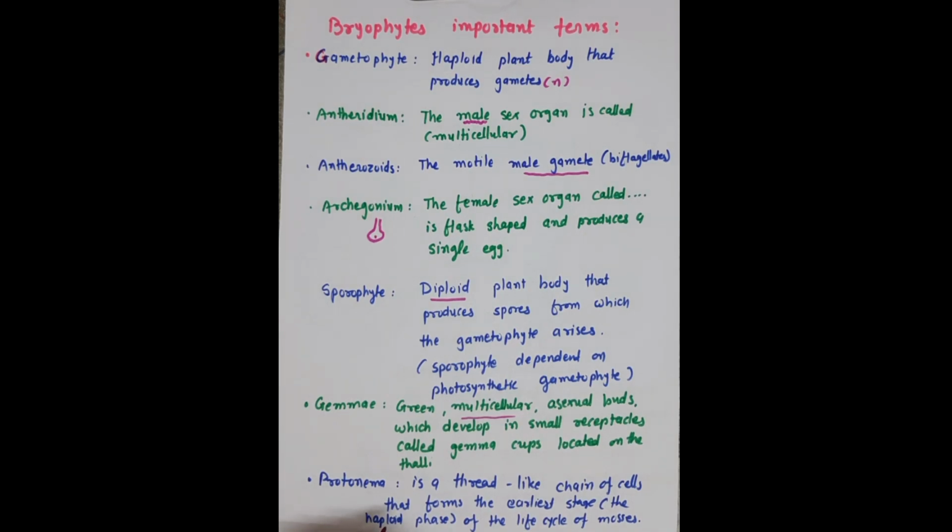And protonema in moss: we will see a thread-like chain of cells arise from the spore, a whole chain forms, and this is known as the protonema.